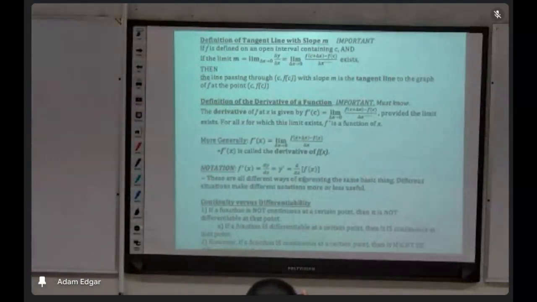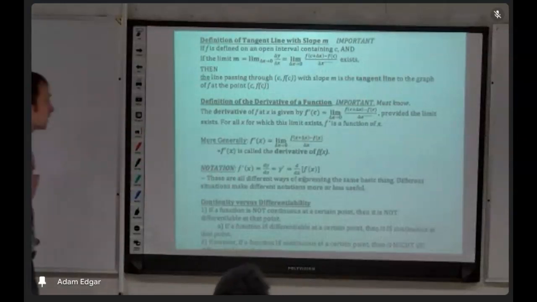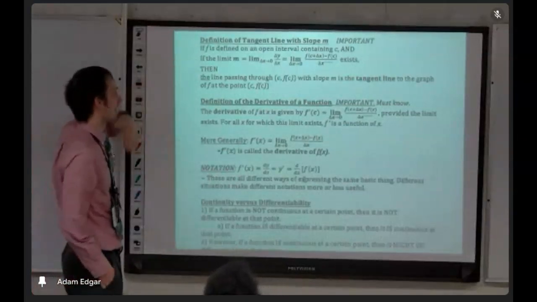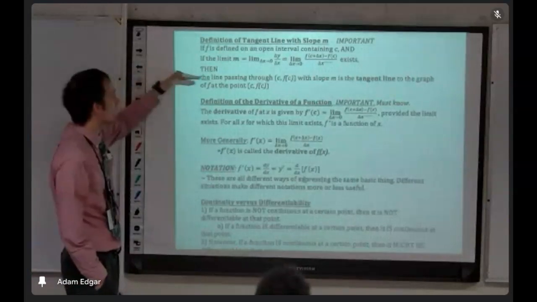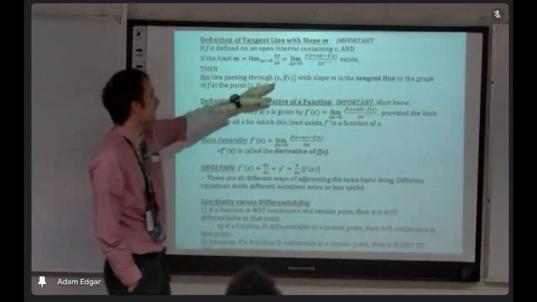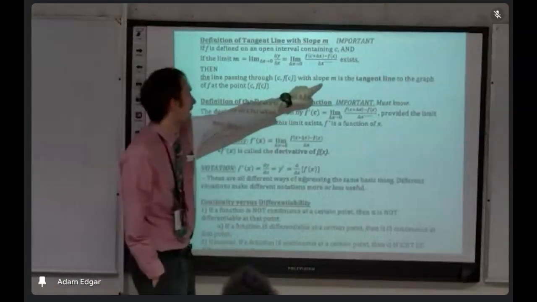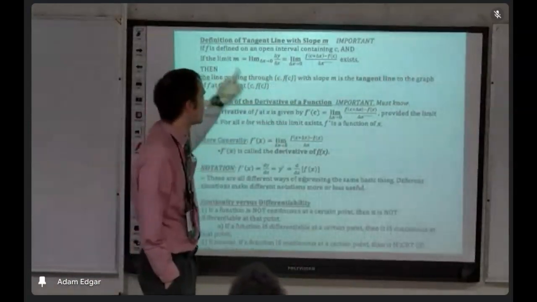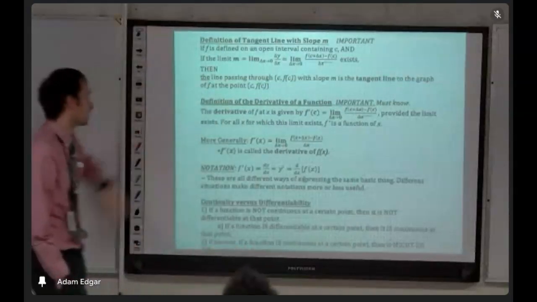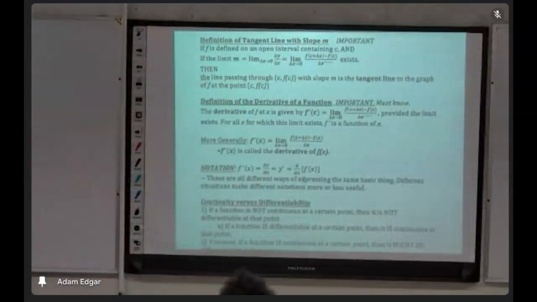That's why I used h instead of delta x when I introduced this, because it's a lot easier to work with. So if this limit exists, then the line that goes through the point c comma f of c, your point of tangency, and has the slope m, where m is defined like this, is your tangent line to the graph at the point c, f of c.